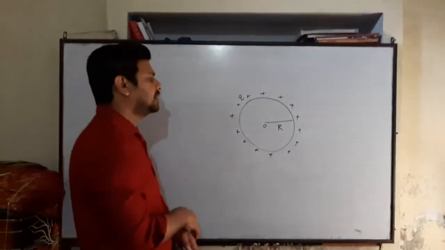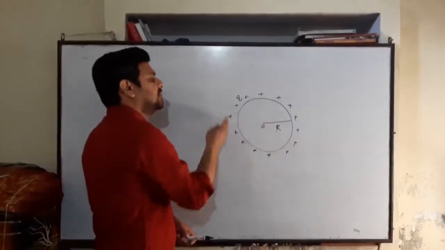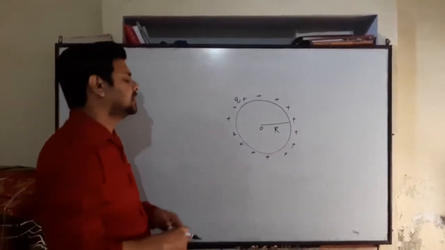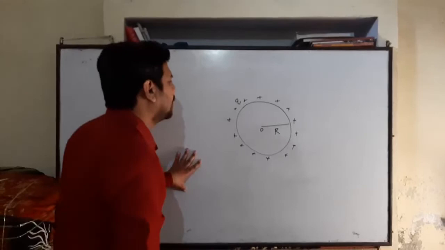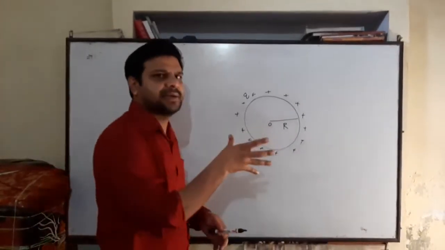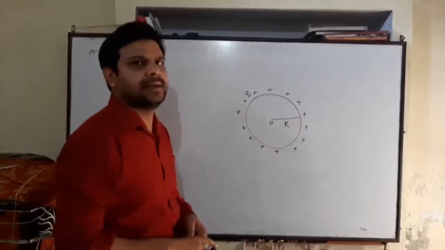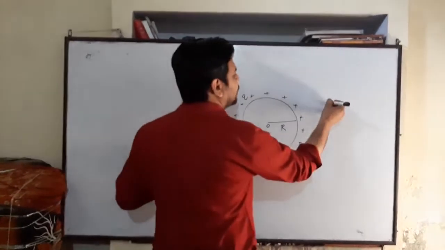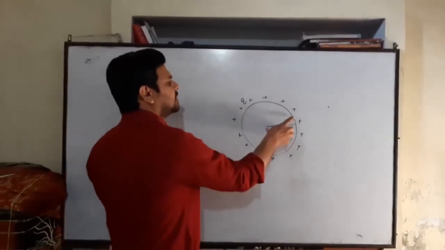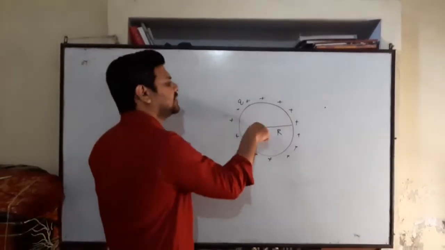In this problem, we have given plus q charge to this spherical shell, which is uniformly distributed over this surface. Now we have to find the intensity of electric field due to this charged spherical shell at 3 points. 1 point we will take outside, 1 point on the surface of the sphere, and the third point inside the sphere.